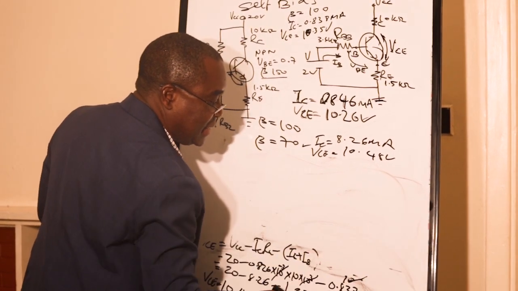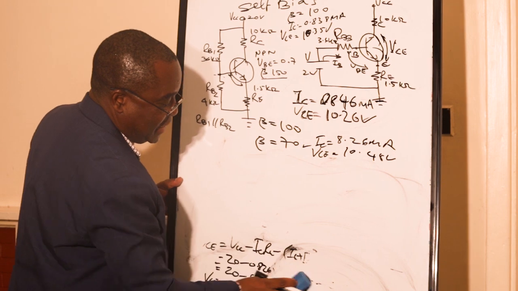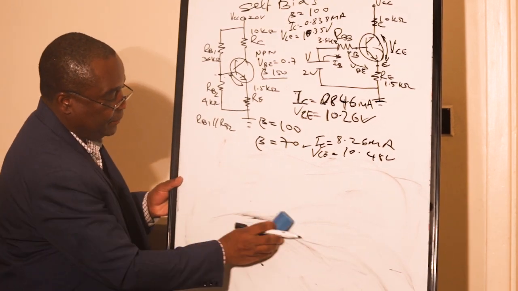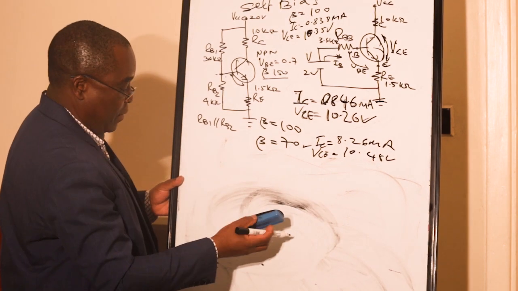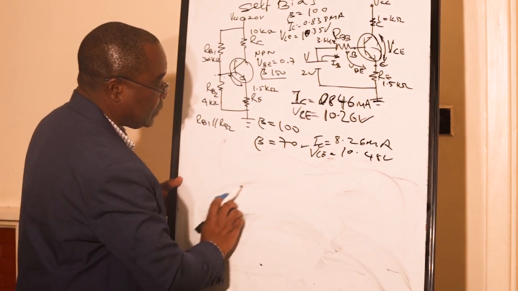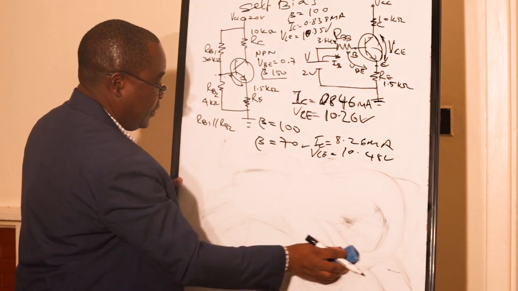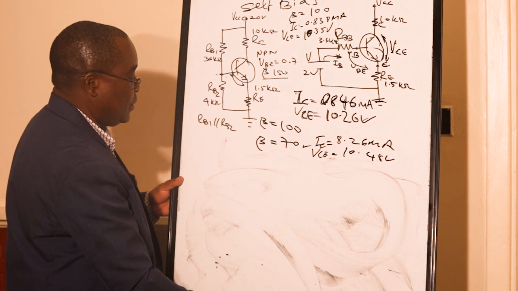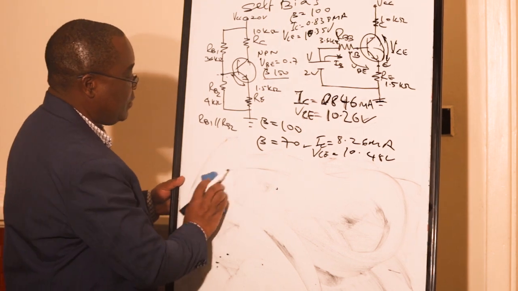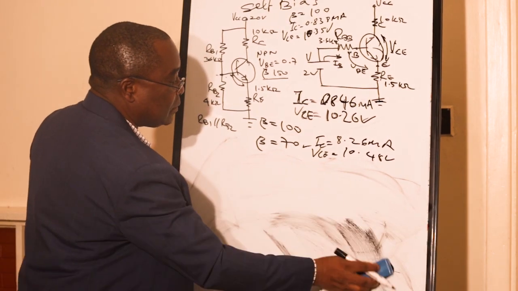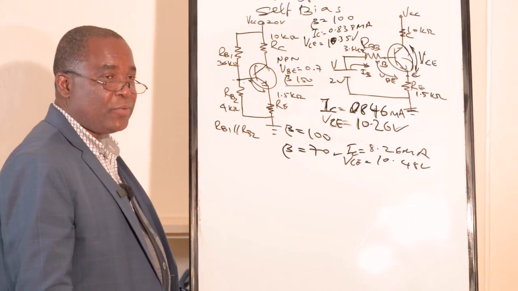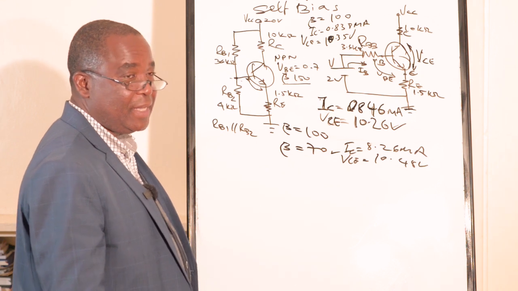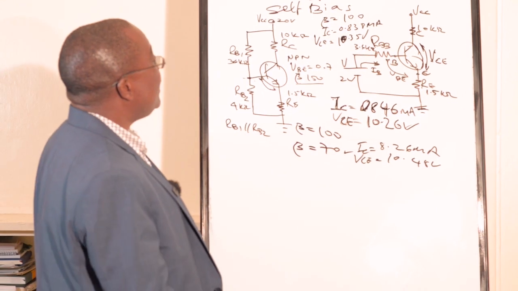The circuit stability is high, or the circuit stability is optimal because of its configuration. So I will put the values here. So in conclusion, let's put our values at different betas and see the comparison.